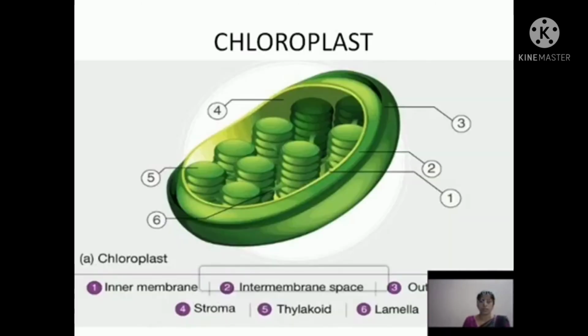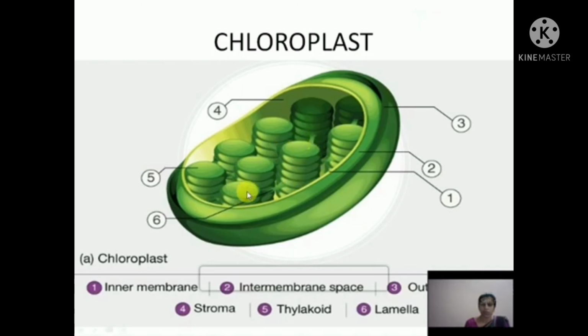And see the shape of this chloroplast. It is a biconvex, discoid shape, and semiporous. It is a double membrane and permeable cell organelle found within the mesophyll layer of the plant cell.